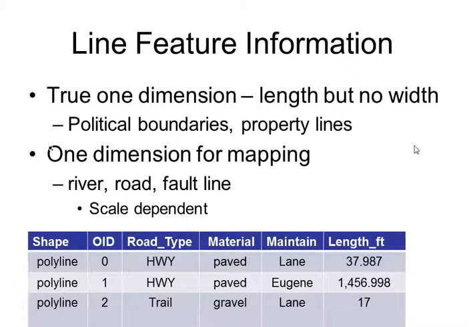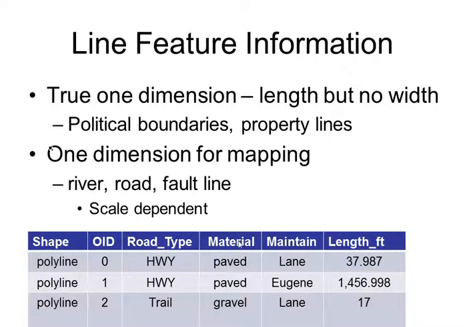So lines are, we said, one dimension. They have an X and a Y at the beginning and the end of each segment. Those are also scale dependent. You can use a polygon to do the Willamette River if you're really zoomed in. In fact, it looks much better than just a line. So it just depends on how you want to map things. I could map things by road type as a category.